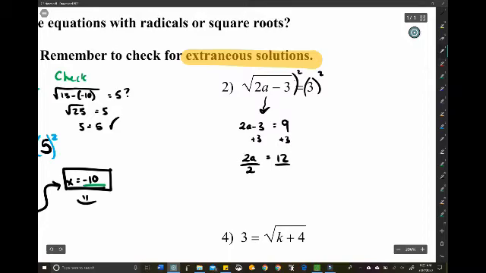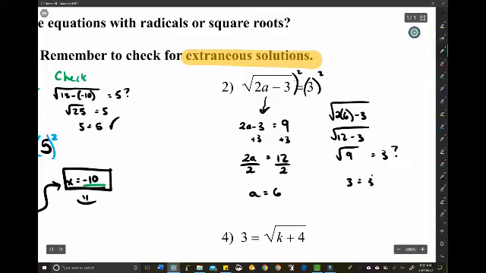Divide by 2, a is equal to 6. Let's check it out. The square root of 2 times 6 minus 3 is the square root of 12 minus 3, which is the square root of 9. Is that equal to 3? Yes, indeed it is. That's a smiley face. We'll box it off: a is equal to 6.